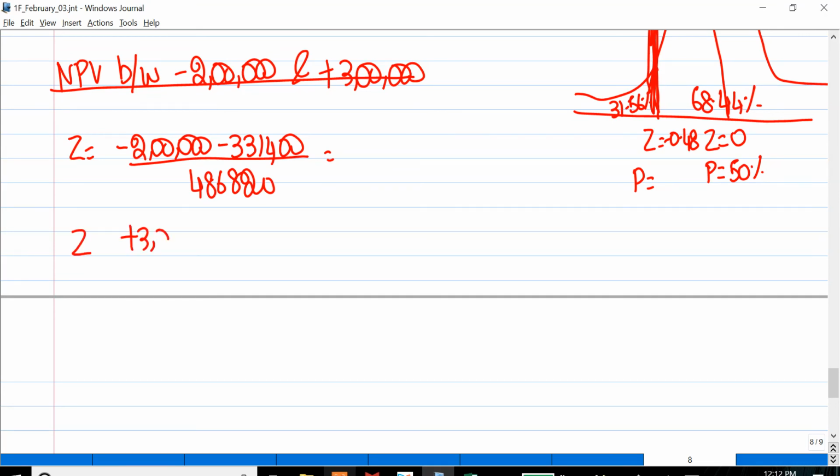Plus 3 lakh. For both, get me the Z value.